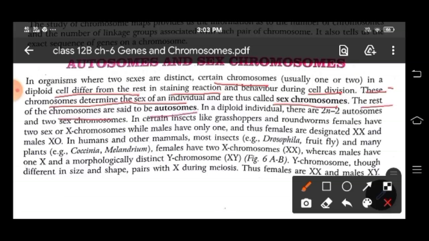In certain insects like grasshoppers and roundworms, females have 2 sex or X chromosomes, while males have only 1, and thus females are designated XX and males XO.